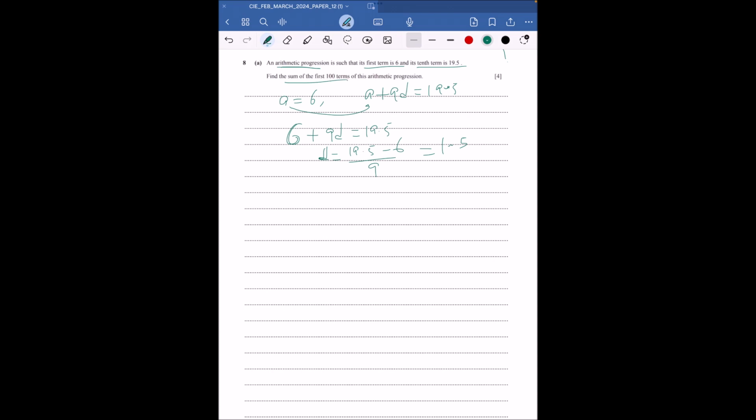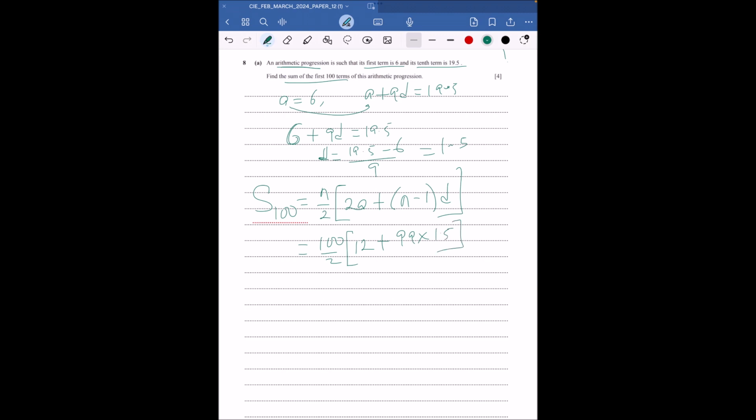So first find the sum. S 100 is n over 2 times 2a plus n minus 1 times d. So that's 100 over 2, 2 times 6 is 12, plus 99 times 1.5.